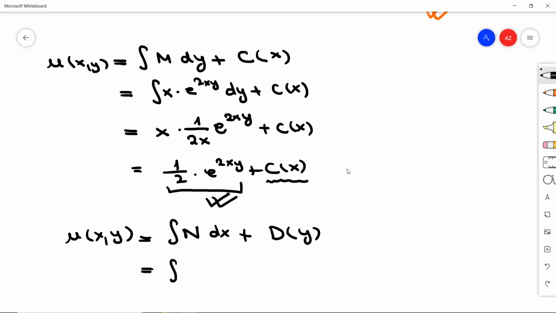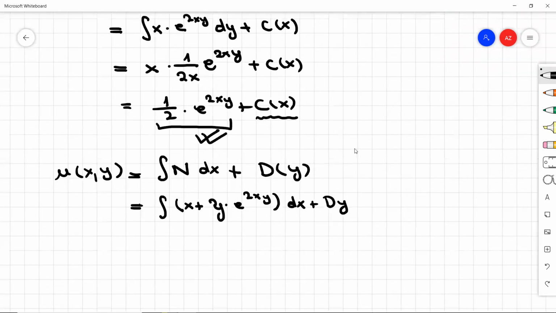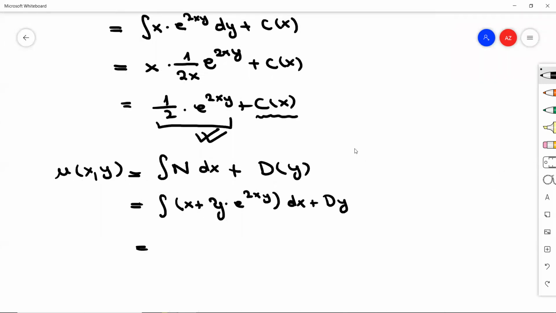So this is the integral of (x + y) e^(2xy) dx plus c(y). The first term, x integrated with respect to x, is x squared over 2, plus, now y is an independent variable, times again e^(2xy), and here is also a constant 1 over 2y, plus c(y).